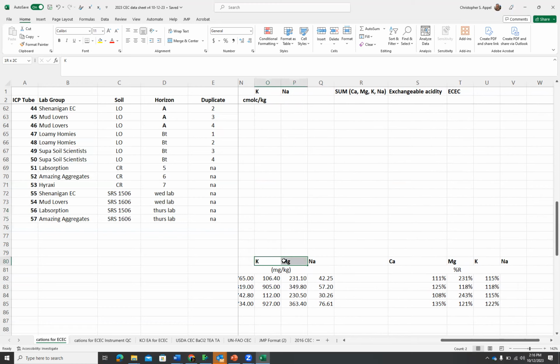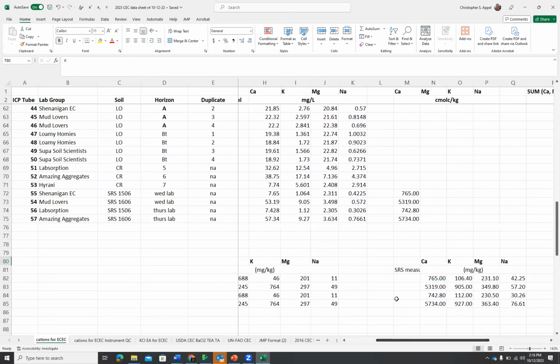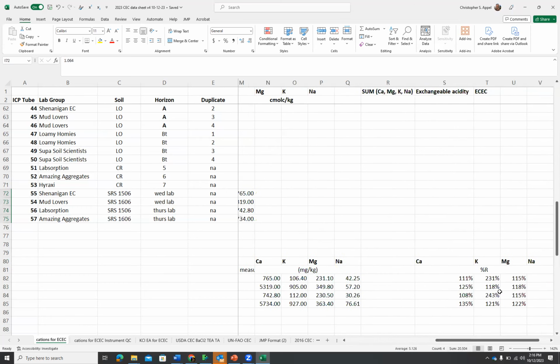I mixed them up. So this should be potassium, and this magnesium. Sorry. So our potassium's just bad. Why are they bad? They're all above the detection limit, though.